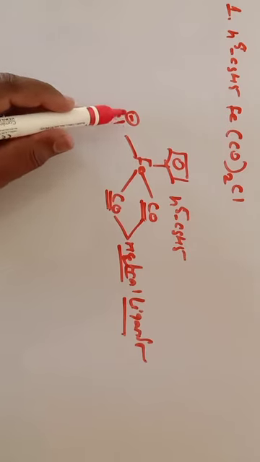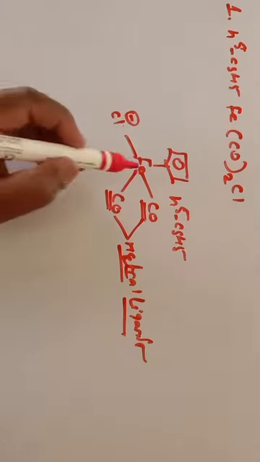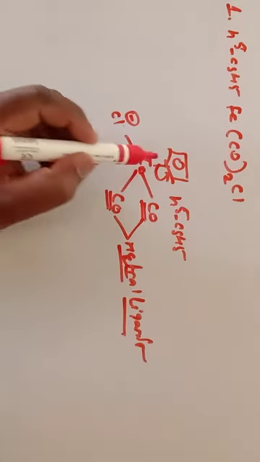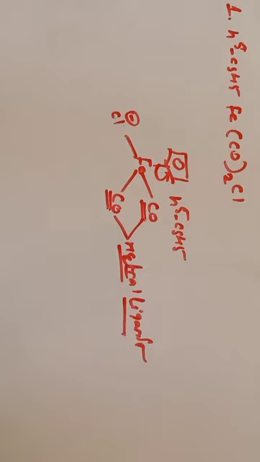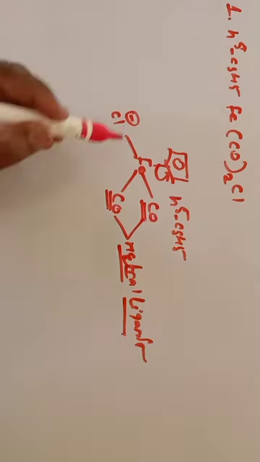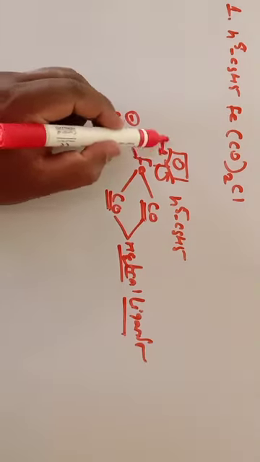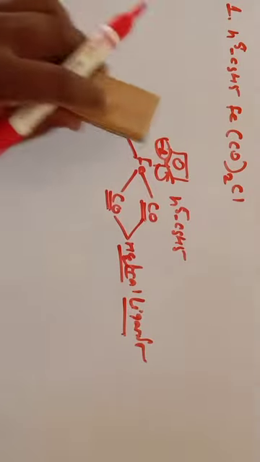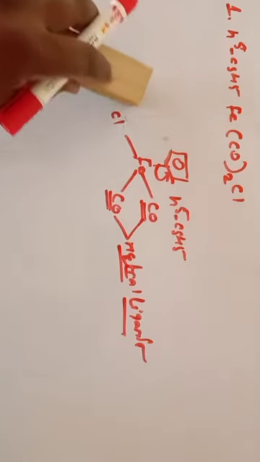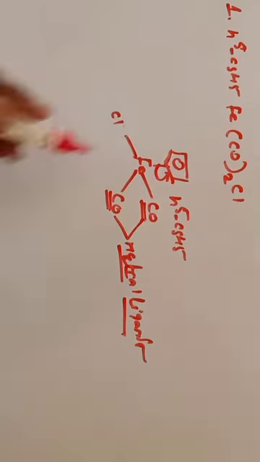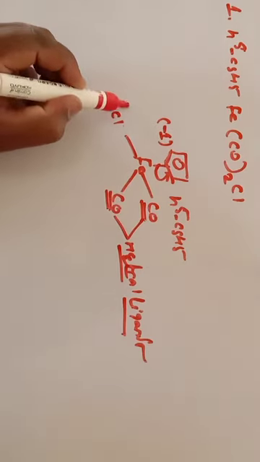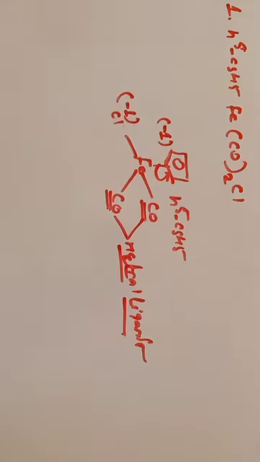One negative charge means 2 electrons. Similarly, this eta 5 C5H5 also undergoes heterolytic cleavage and also has a -1 charge. So both eta 5 C5H5 and chlorine have a -1 charge.